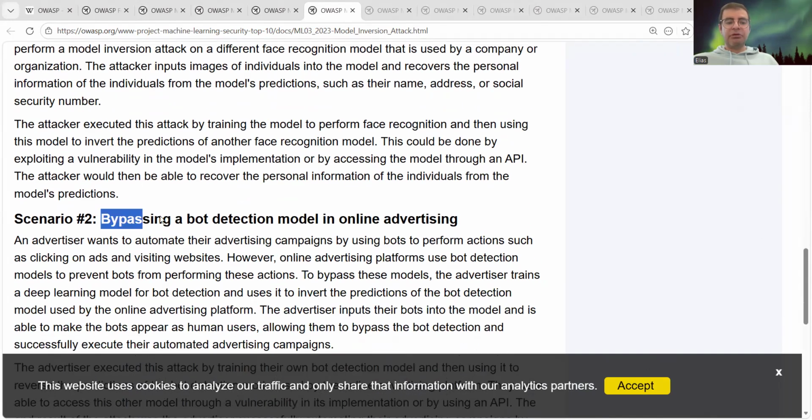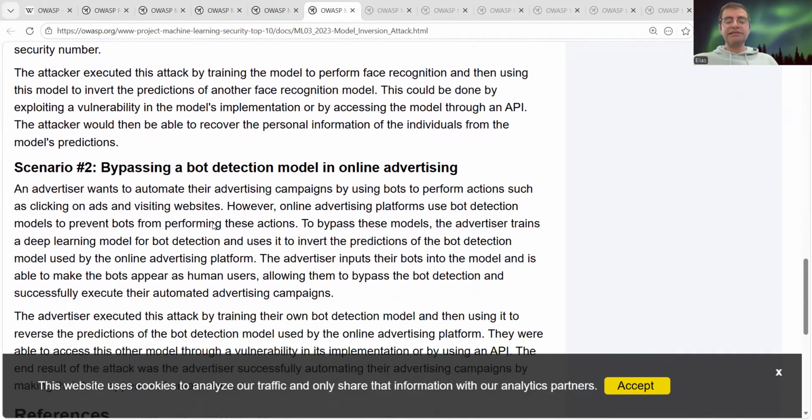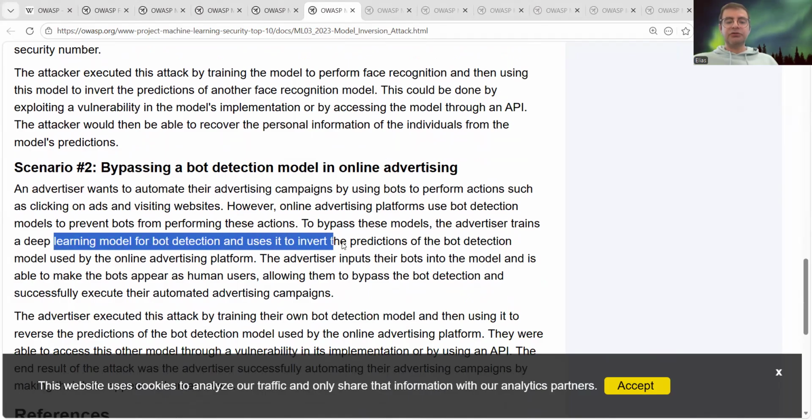And the other one is bypassing a bot detection model. Let's say you have a machine learning model that is detecting bots. So the advertiser trains a deep learning model for bot detection and uses it to invert the prediction of bot.